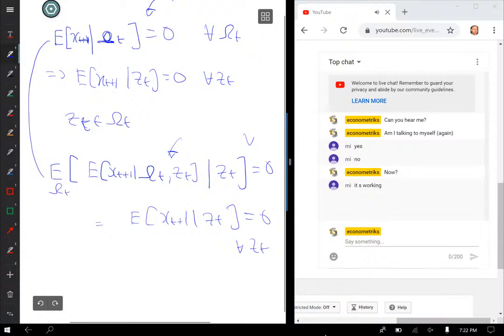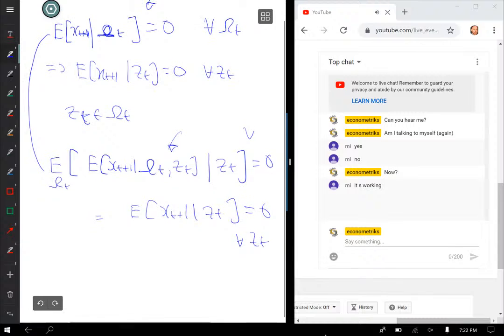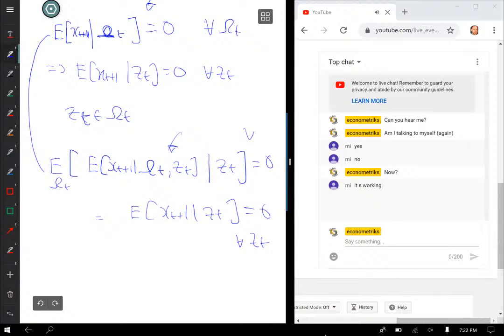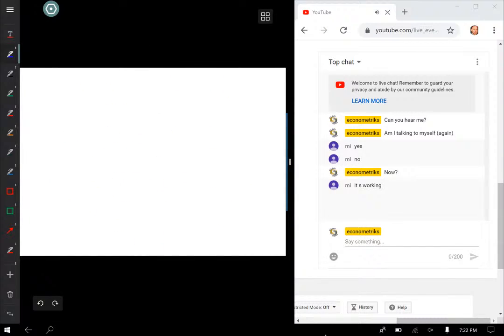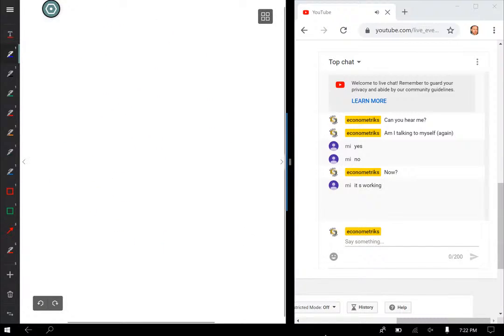Another way you could also see it: let's just say we have omega t equal to zt and wt, so it just includes two variables.